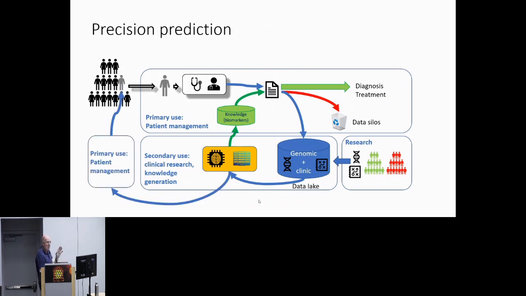So the idea is, with good predictors, we can make the database part of the primary use. We can use the database if we accumulate the data of the patient, in our case, on a monthly basis. It depends very much on the health system, but we accumulate data that are being generated by our patient, and we can say, okay, you are at risk of having this diagnosis in 1 year, for example.